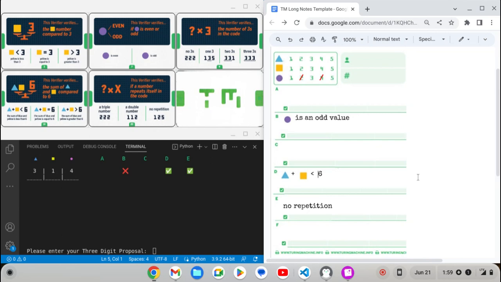So if the sum is less than 6, then that would mean that neither triangle nor square can be a 5, because if either of them were a 5, at a minimum 5 plus 1 is already 6, and again our sum needs to be less than 6. So we can cross out 5 for triangle and 5 for square.